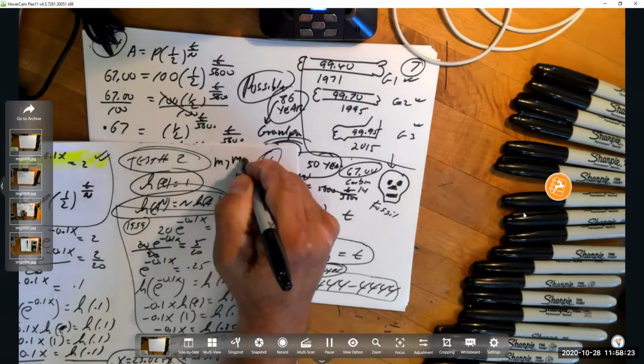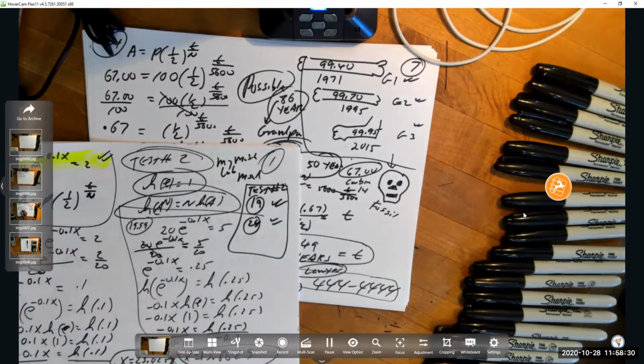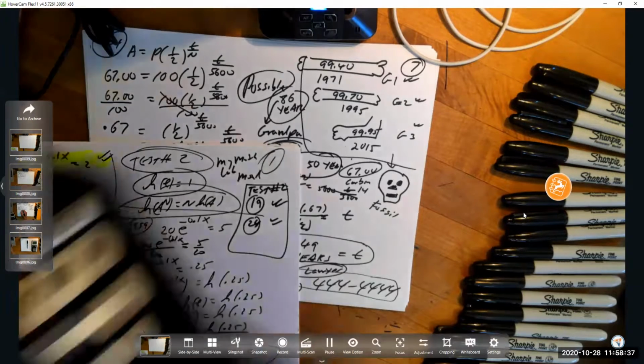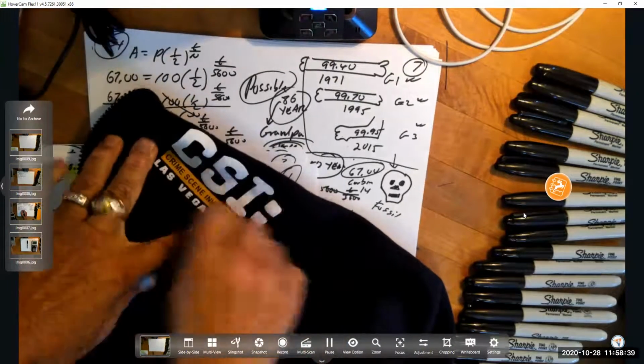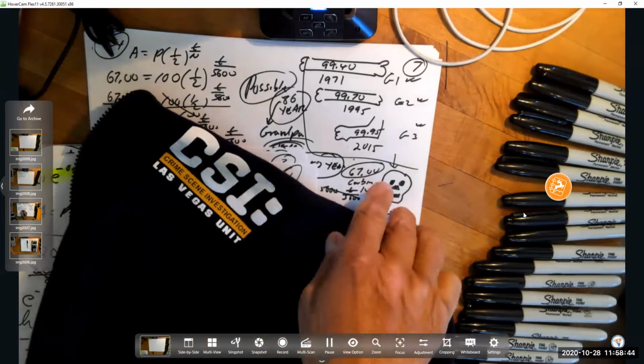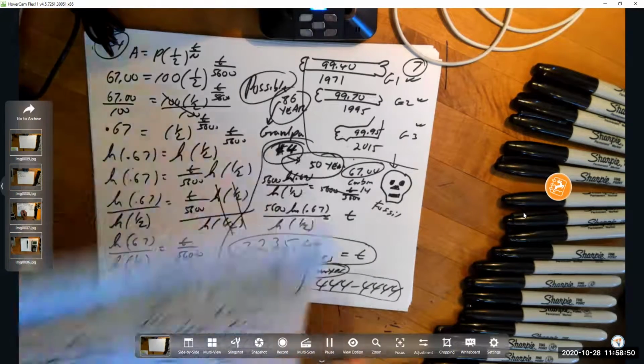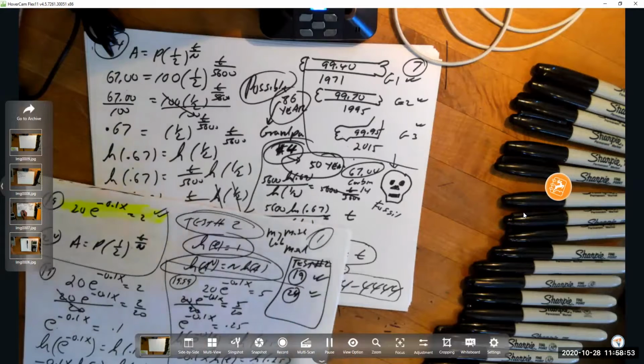Number 24 looks like this one. You have to use that CSI stuff to figure out how old this hand or this bone is, whatever they are. You know how to do it. You're good at it. Any questions on those 2 questions, number 19 and number 24?